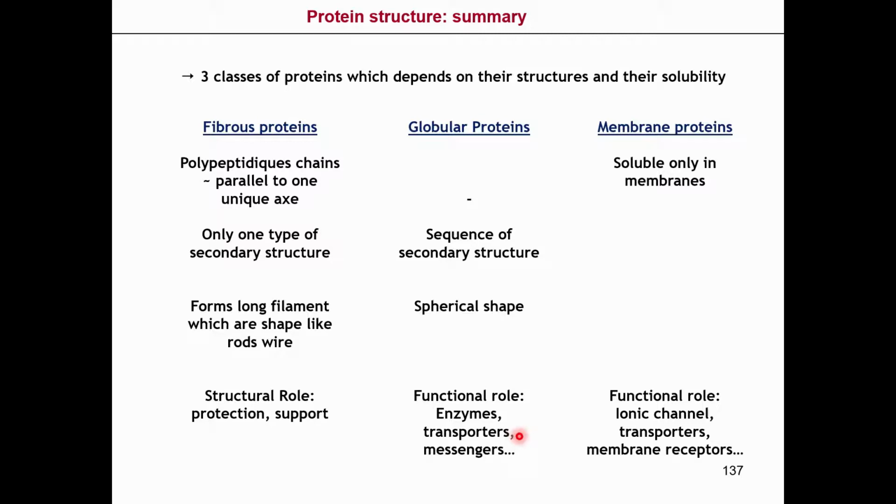And the last class is the membrane proteins, which are soluble only in membrane. I think in the next lecture, we will see the structure of membrane proteins and their roles. Their roles are ionic channel, transporter, receptor.